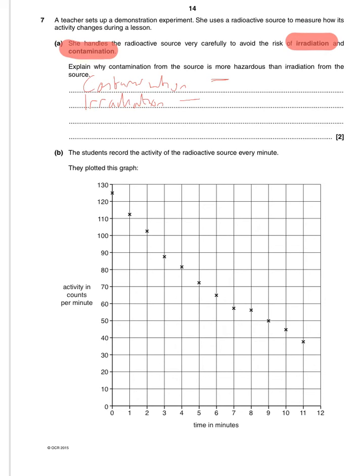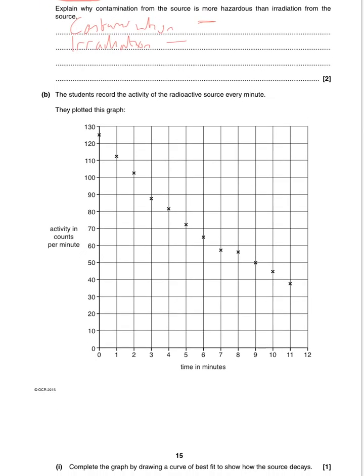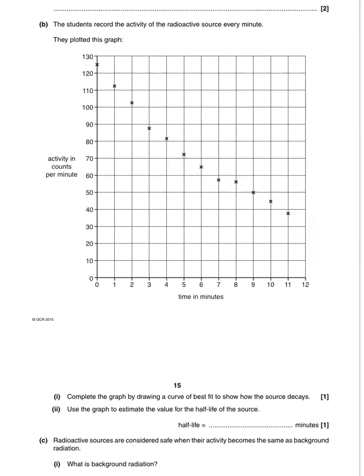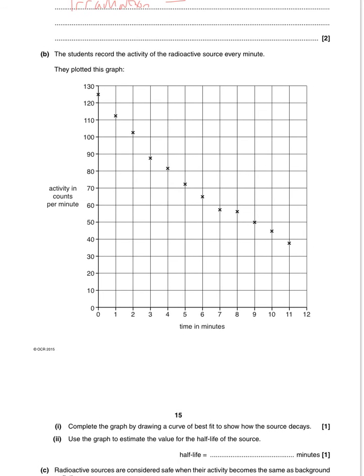Next one, we've got a graph, and it looks like a classic half-life graph. We've got a decrease, it looks like a curve, okay, but a couple of points don't quite fit. It says complete the curve by drawing a curve of best fit to show how the source decays.